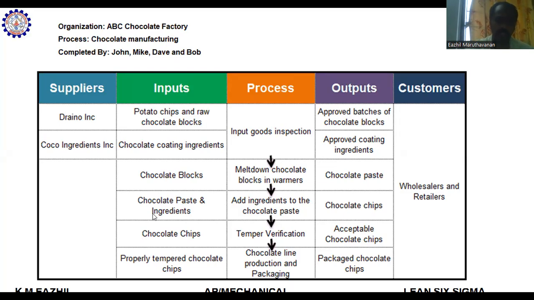These are to be considered before making this SIPOC diagram. As said already, we have to identify the process. The process is the chocolate manufacturing process. Define the process step by step.